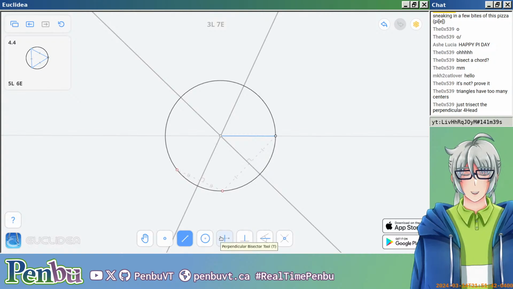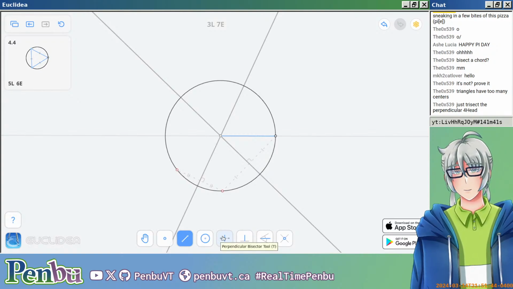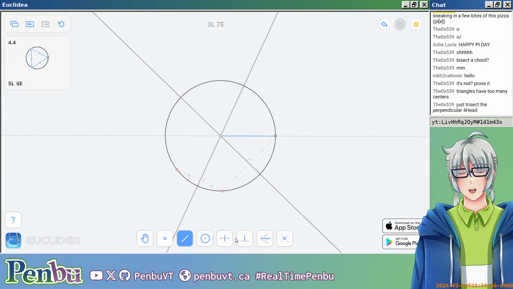A perpendicular line to that is going to be one of the sides. Okay. What does that mean, though?